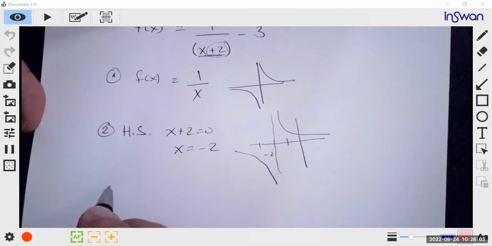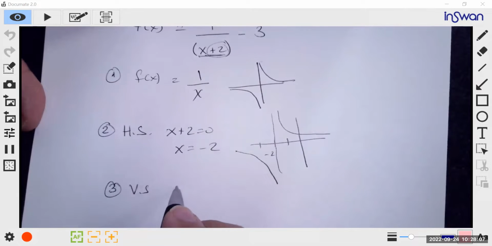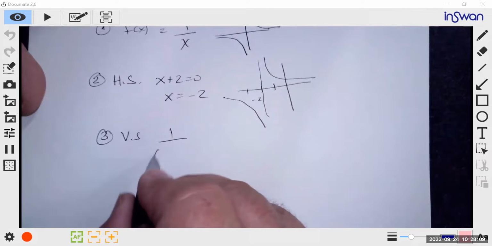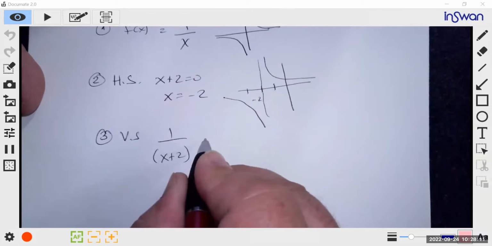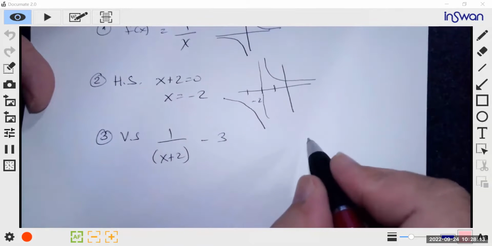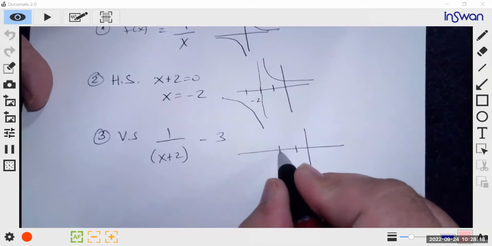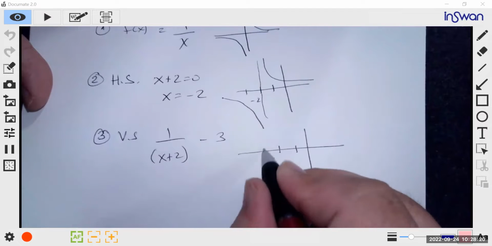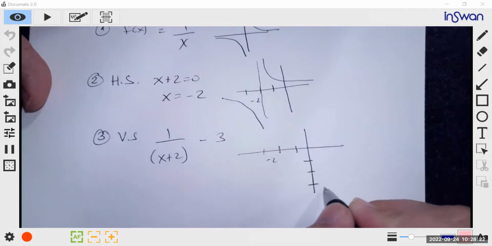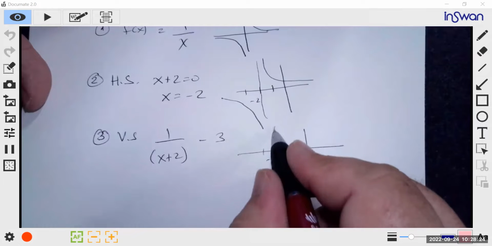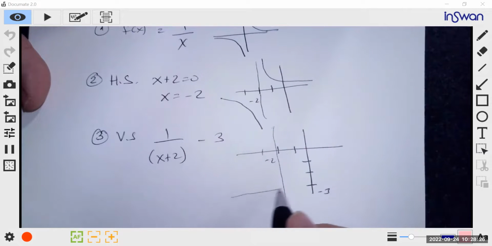And then lastly, we have a vertical shift. We have 1 over x +2 minus 3. So we went over 2, now we have to go down 3. So we're over 2 for that one, down 3.